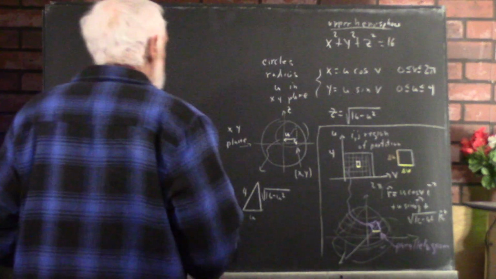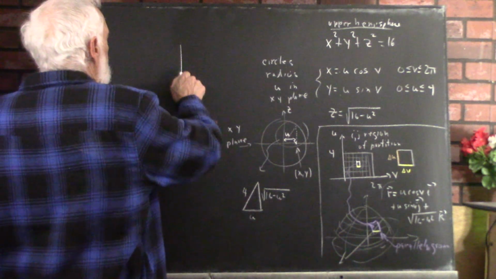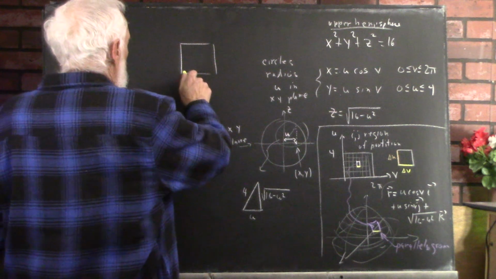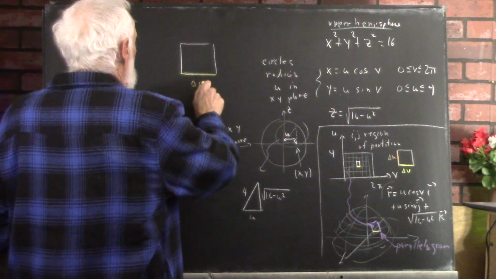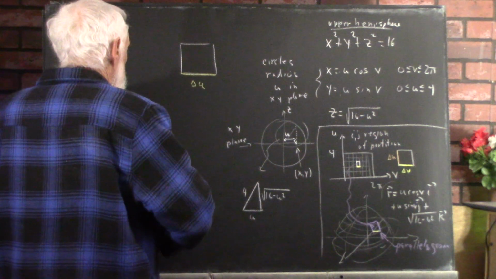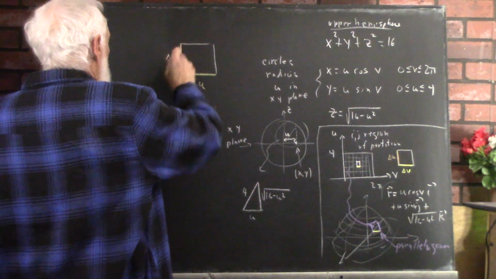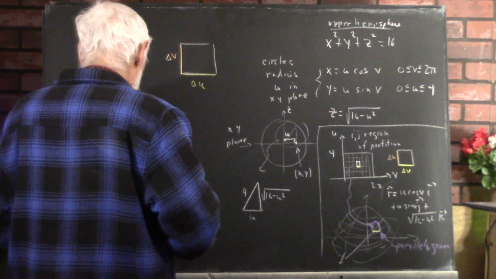Okay, I'm going to have to come over here. I'm going to redraw that. We got delta U and delta V. Okay.